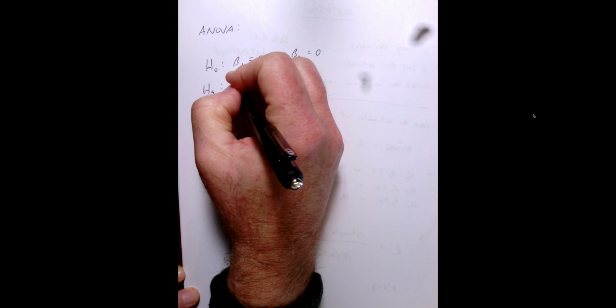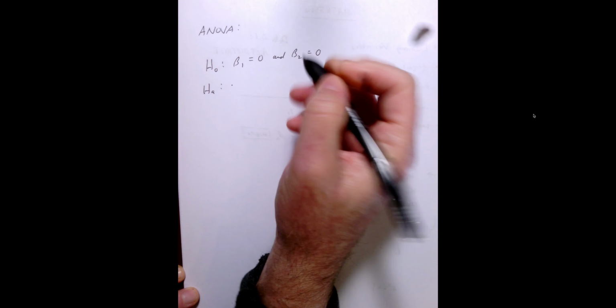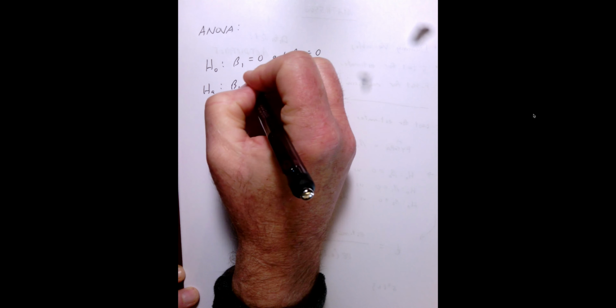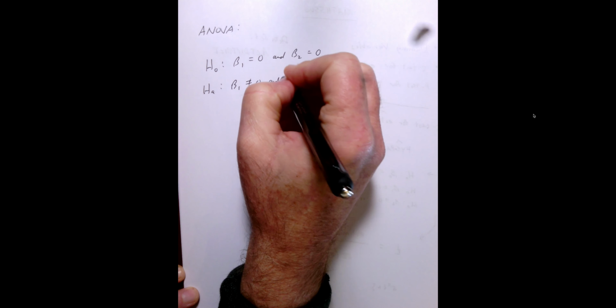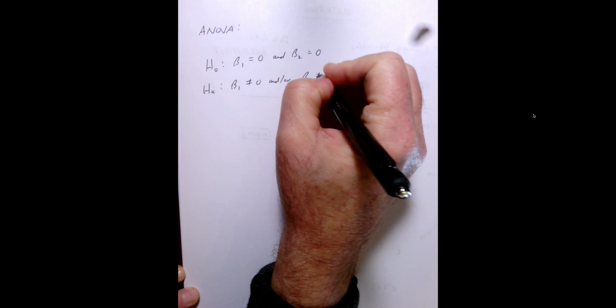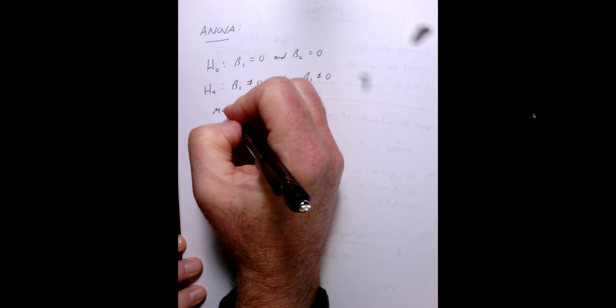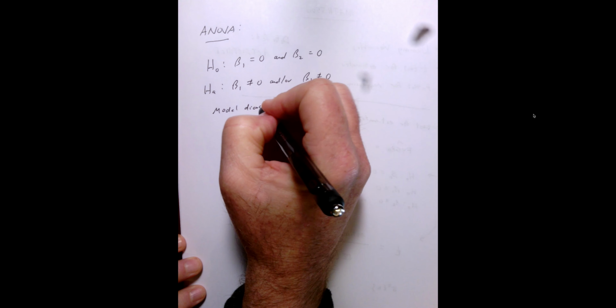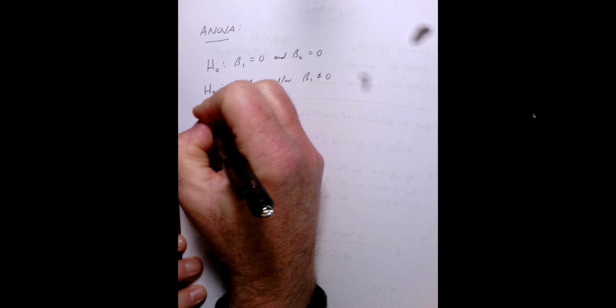Are both of these things equal to 0? Our H sub A would be that either or both are not equal to 0. So again, the Anova is a model diagnostic. It assesses the fit of the model, not separately through the t-test.